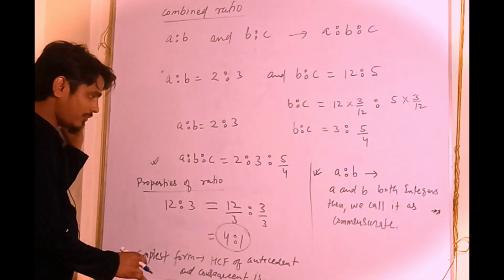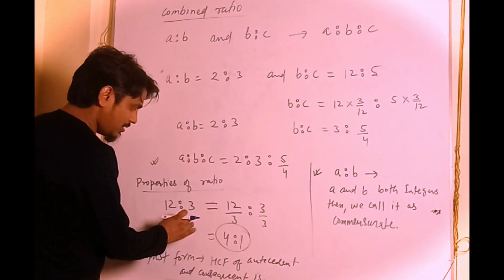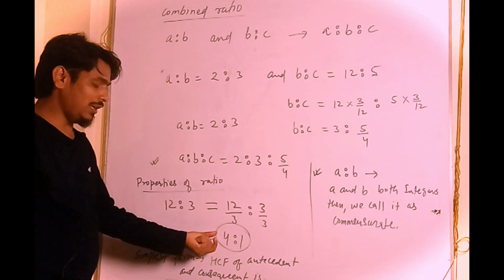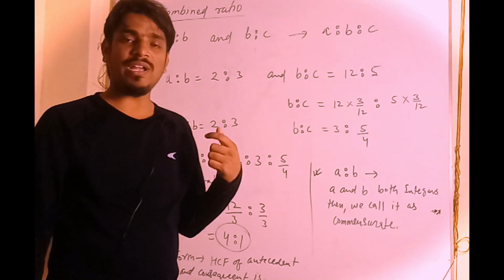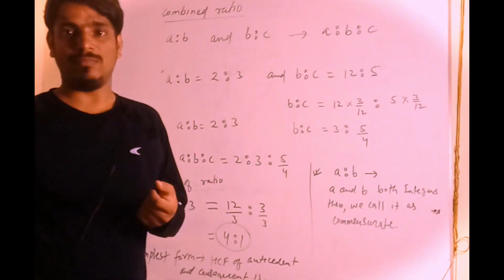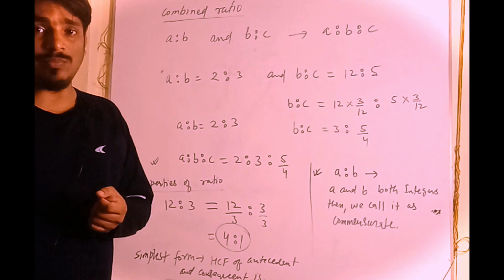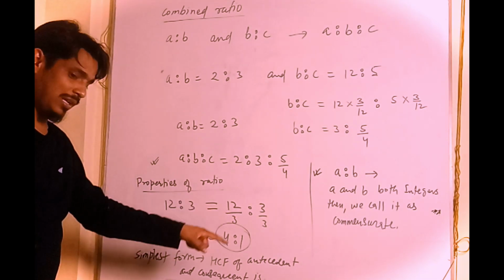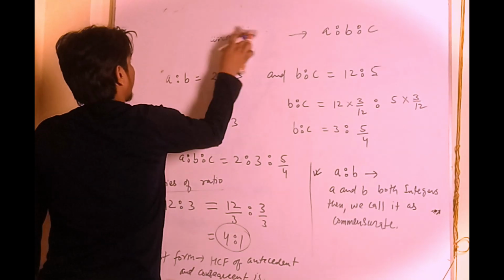Now when we divided both antecedent and consequent, this is just the equivalent form of this ratio 12 ratio 3. So we can get the ratio by multiplying and dividing by some non-zero real number, as in this case I have divided both of them by 3. This is a very important property that we have.